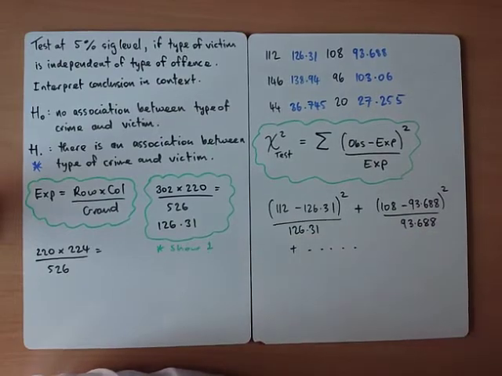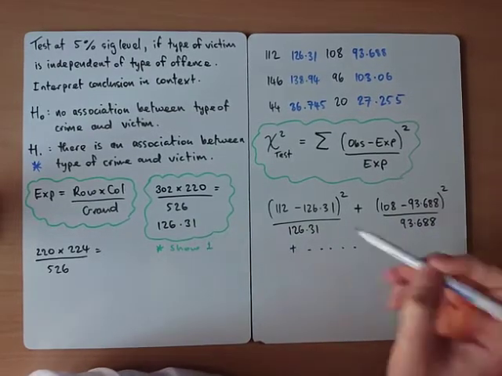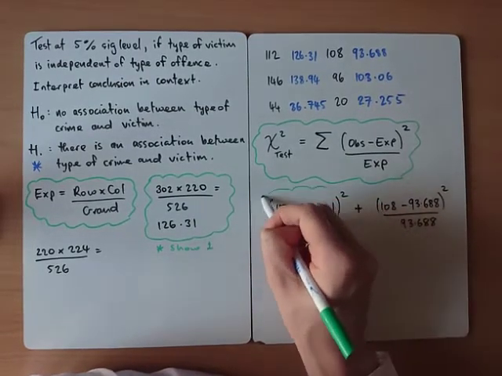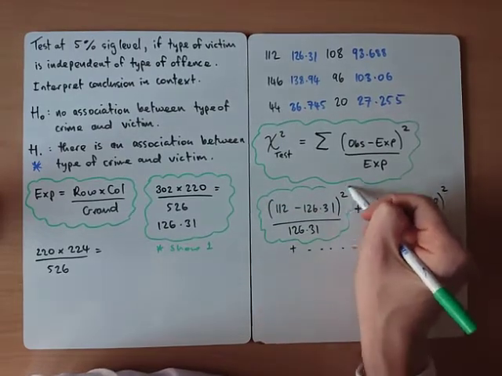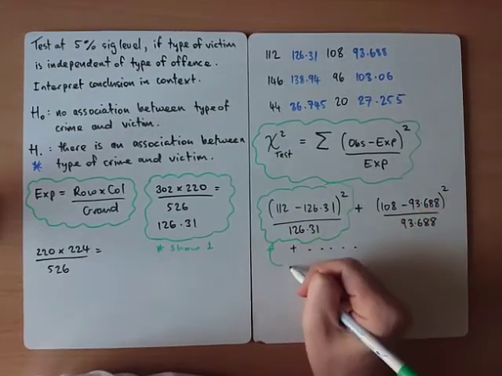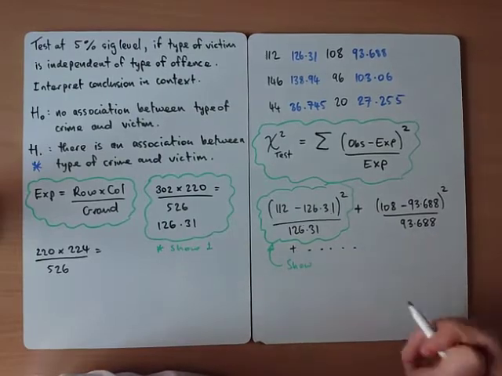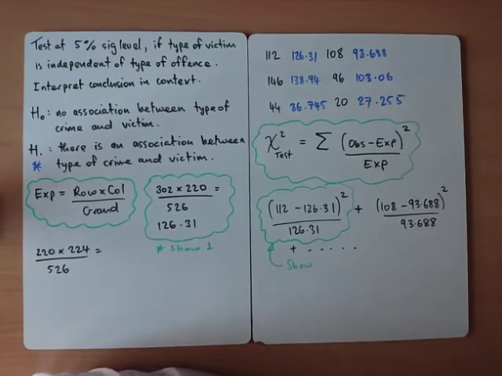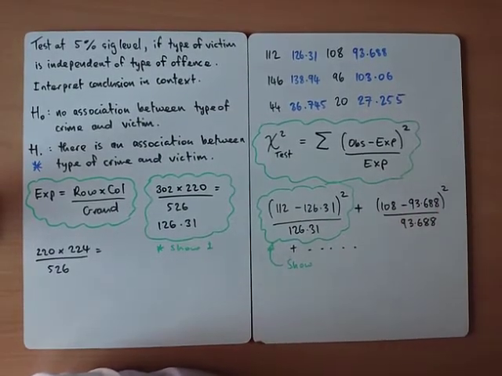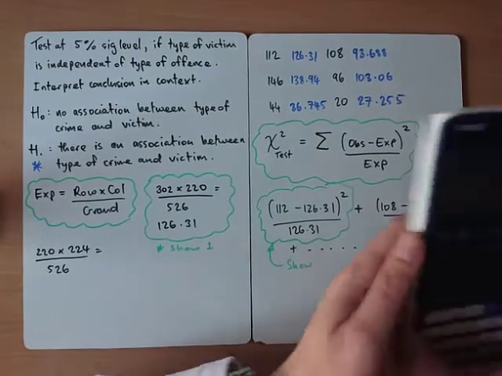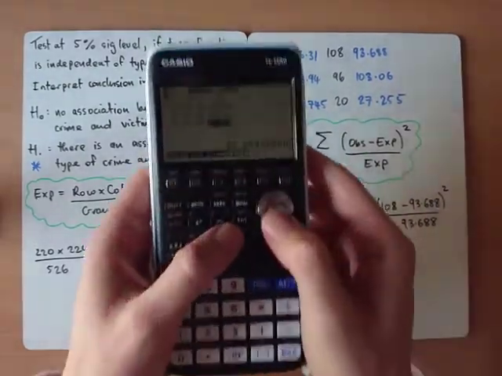Just do plus dot dot dot. You don't need to write it all out, but you do need to show at least one for a method mark. Now if I was going to do this, it'd take me a couple of minutes on the calculator, but our calculator has done this for us.